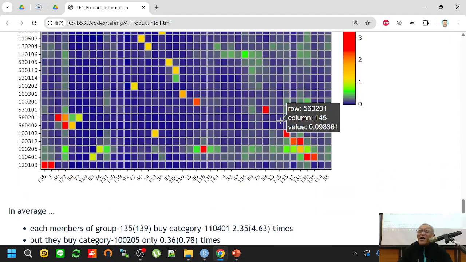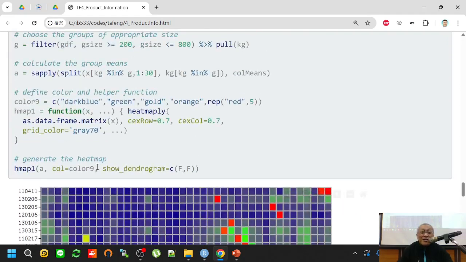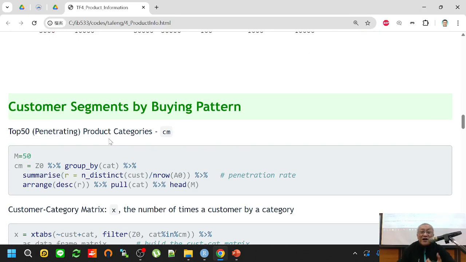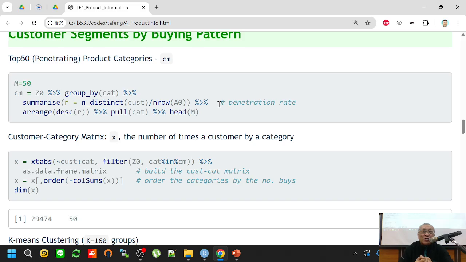So we concentrate on customer, we concentrate on product, and we also want to know the relationship between customer and product.